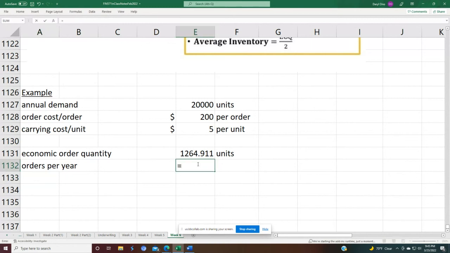This is going to be equal to 20,000 divided by 1265. So I'm going to place about 16 orders per year.